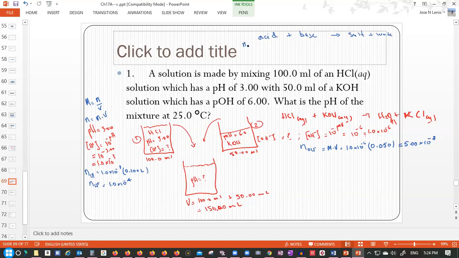You need to work in moles. That's why it's important to know what volume is in every container. So the moles of the acid here is 1.0 times 10 to the negative 4. I'm writing it here so you can visualize what's going to happen. And the base is 5.0 times 10 to the negative 8.